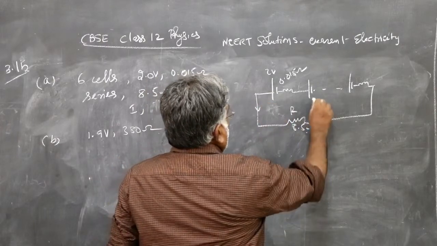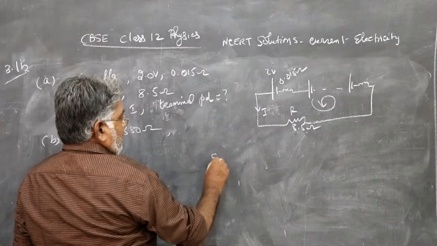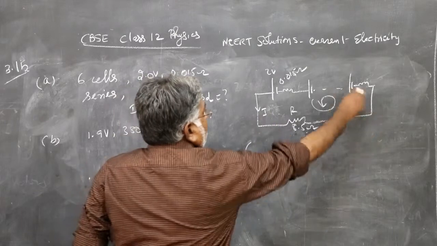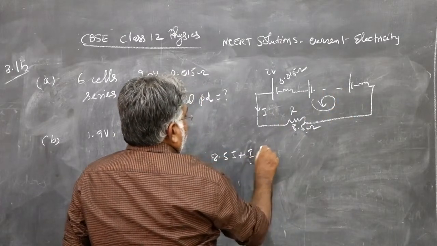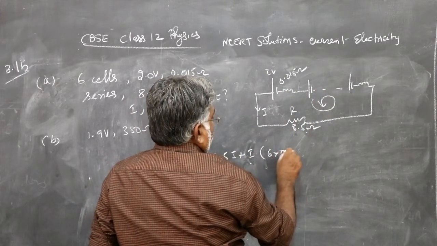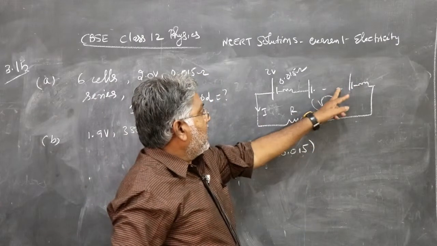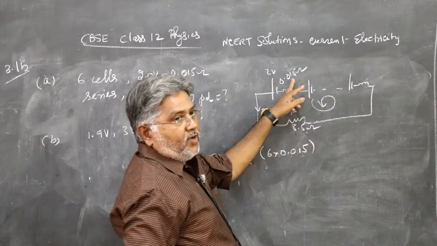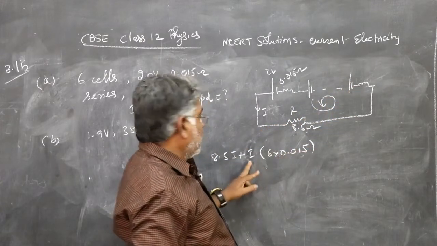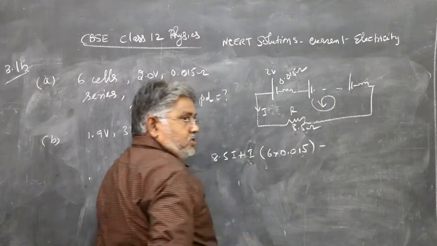Let's say you use KVL for this. 8.5 I is the voltage drop, where I is the current, plus the same current I goes through 6 such cells, so 6 into 0.015 times I. Minus the EMF of the battery should be considered now.